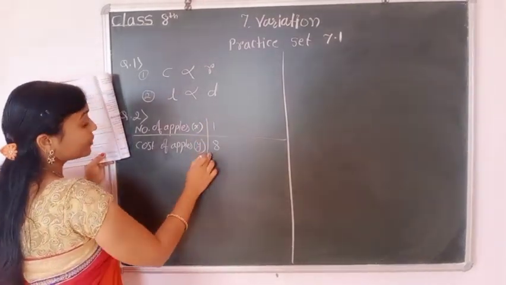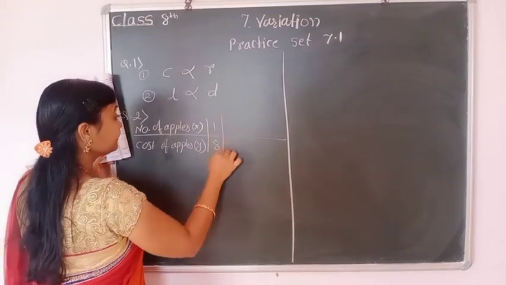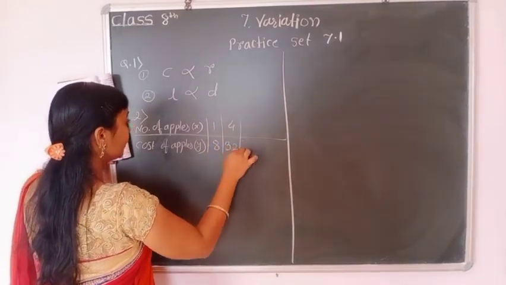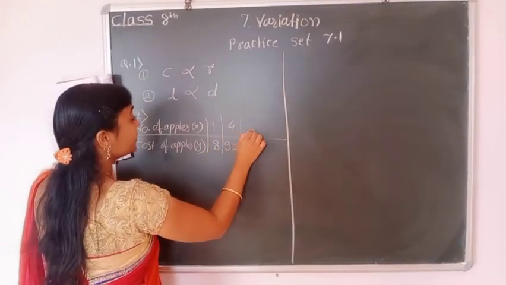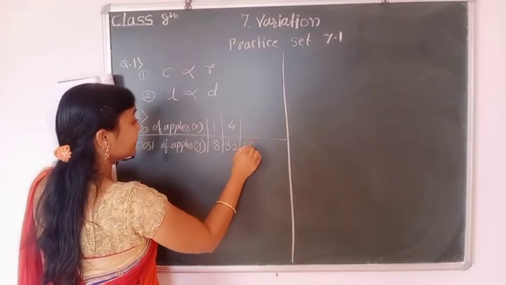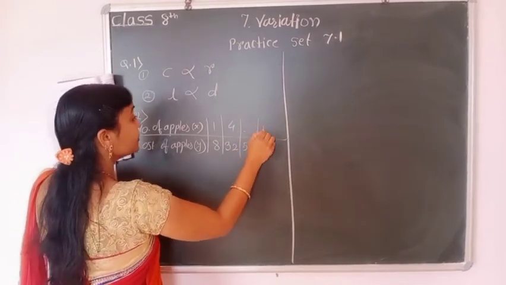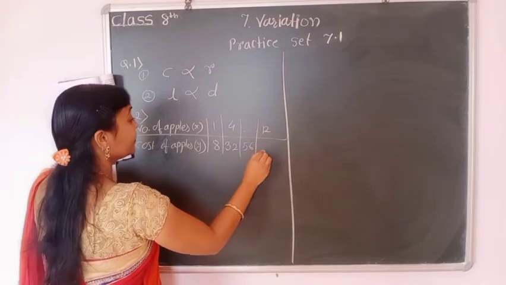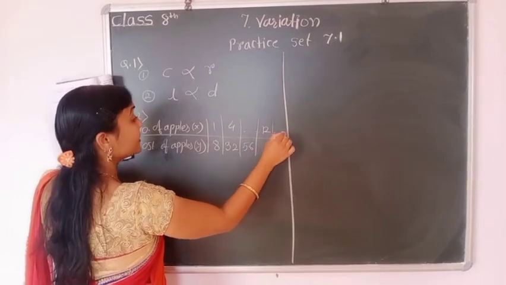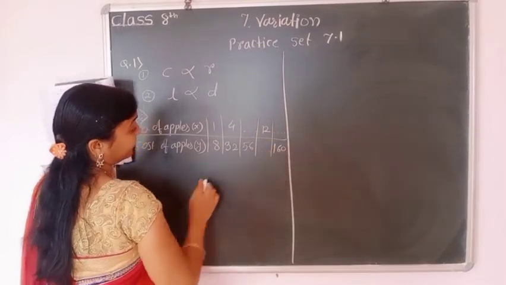The cost of one apple is 8. Four apples is 32. Here fill in the blanks: 56, 12, and here fill in the blanks at 160.